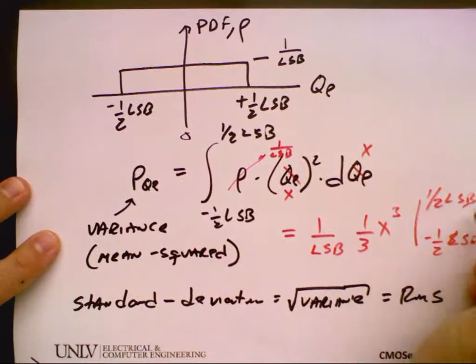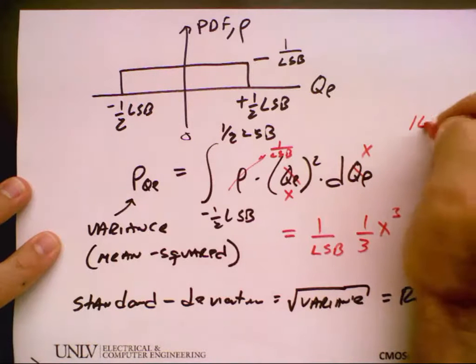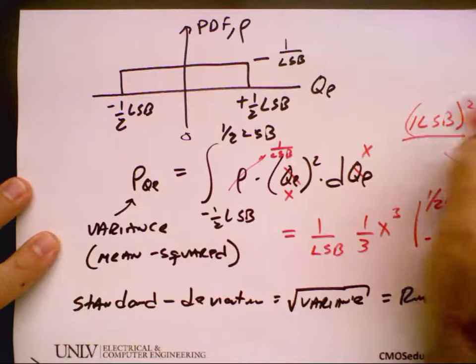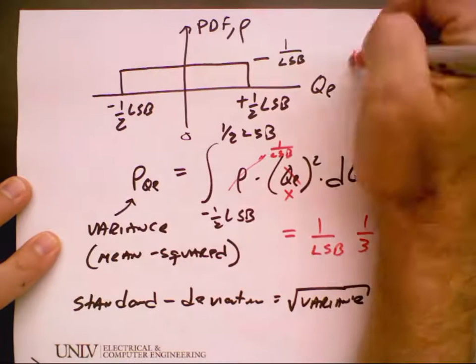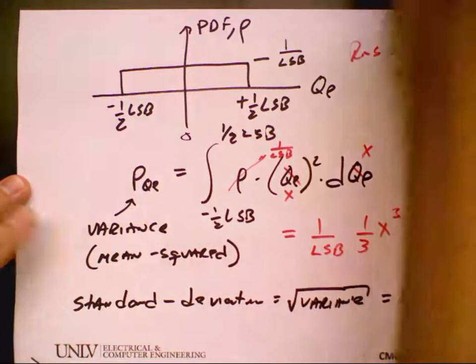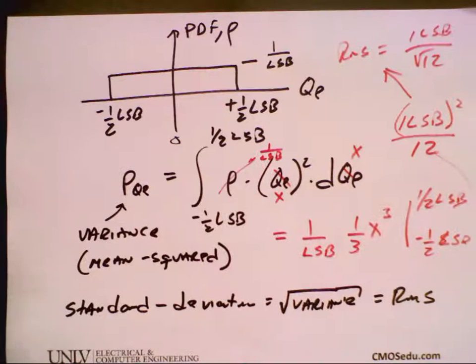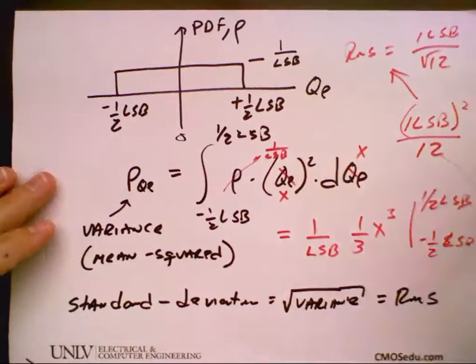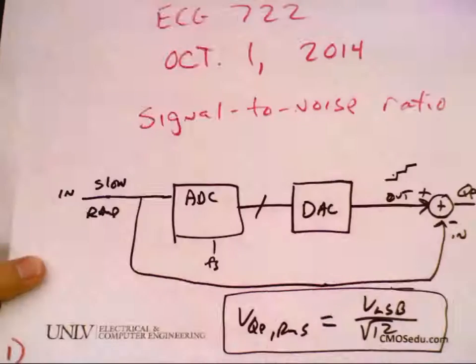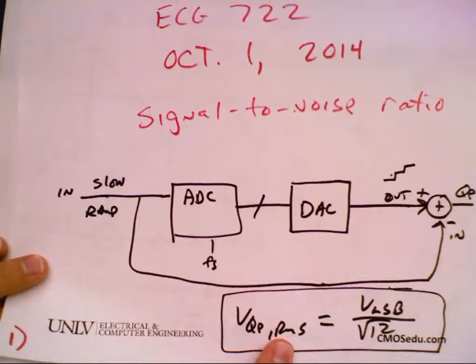And then when we plug it in here, what we get is 1 LSB squared all over 12, or an RMS value of 1 LSB over root 12, which is exactly what we got before. The RMS is VLSB over root 12.